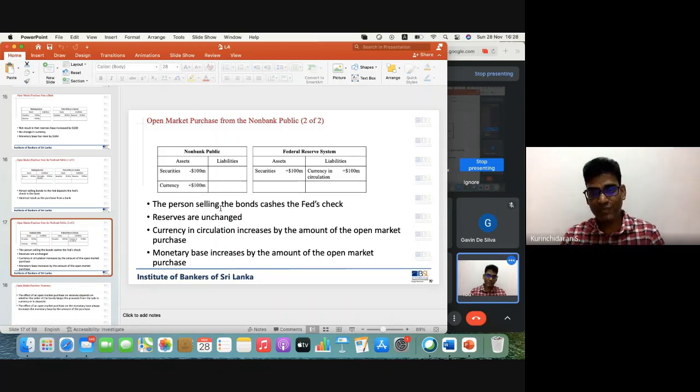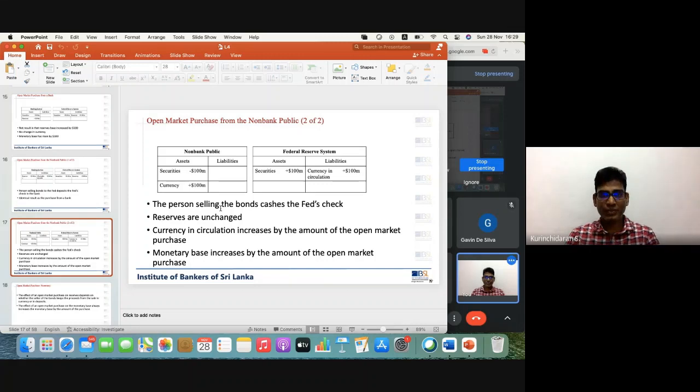So if the central bank thinks the economy is overheating and prices are going up, they have to cool down the economy. So they have to reduce the currency in circulation and reduce the reserves.